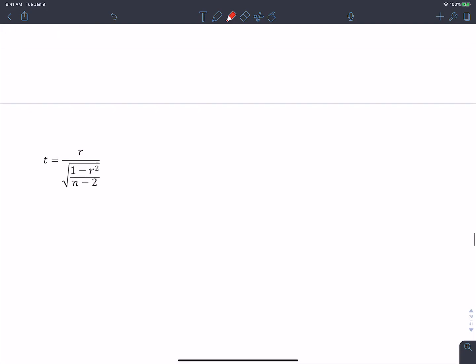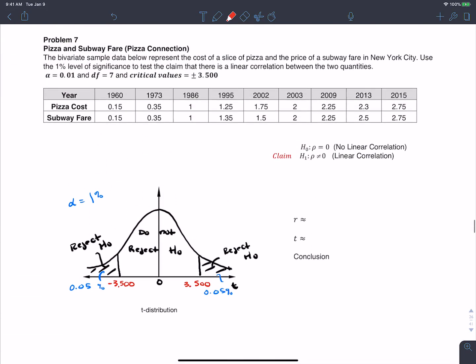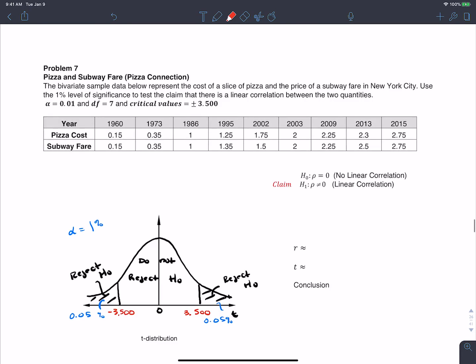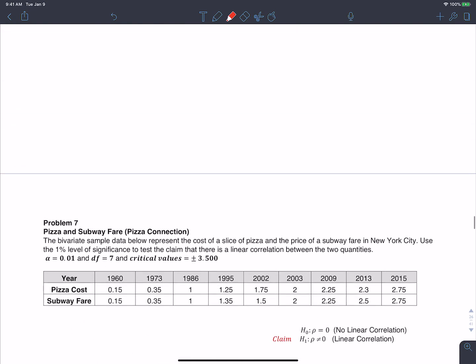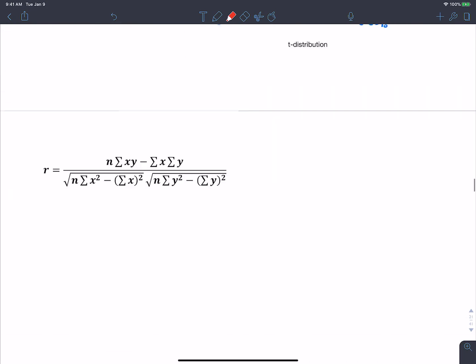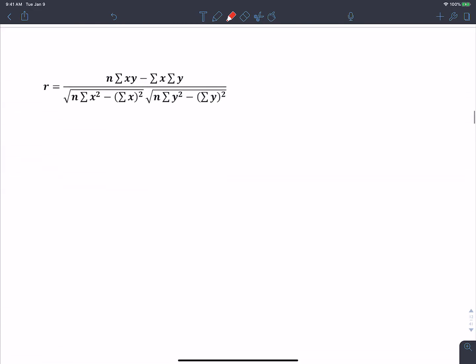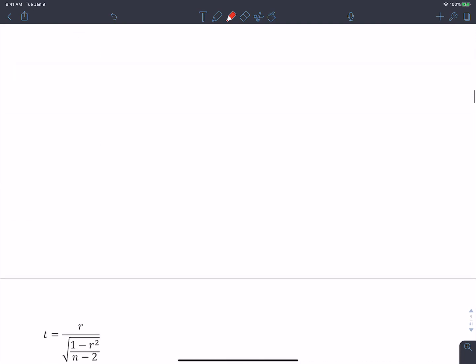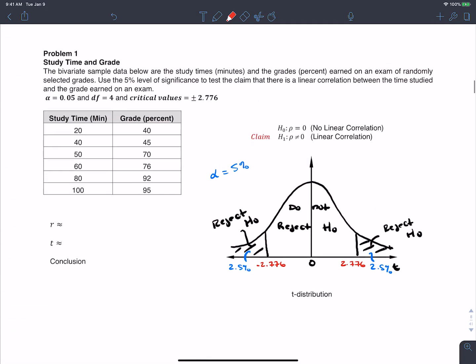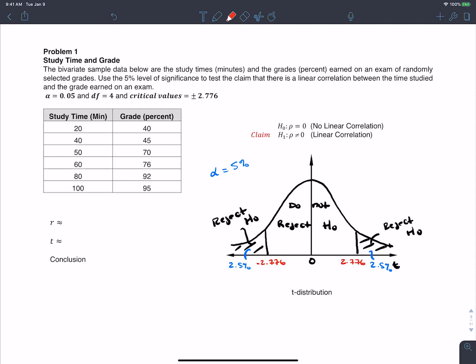If you look at the questions ahead of time, I guess you would know. Here's what I'm saying. Remember, you always start the situation by drawing a scatter plot, okay? So if I go back to 1, see this here? Problem 1, study time and grade.